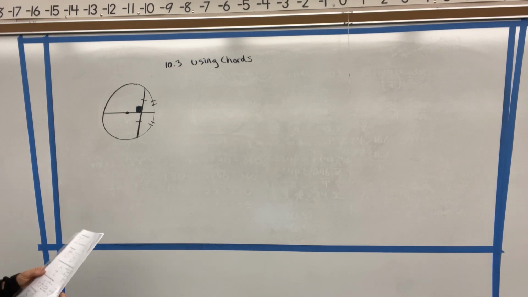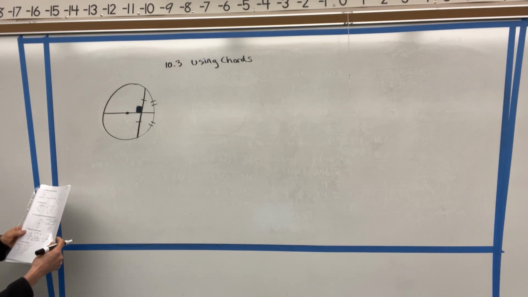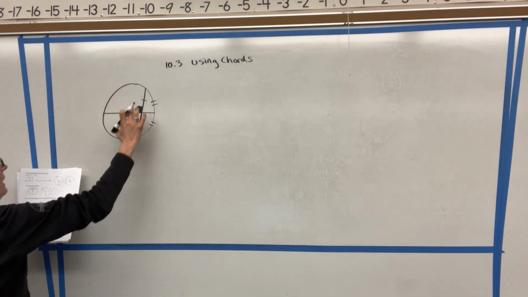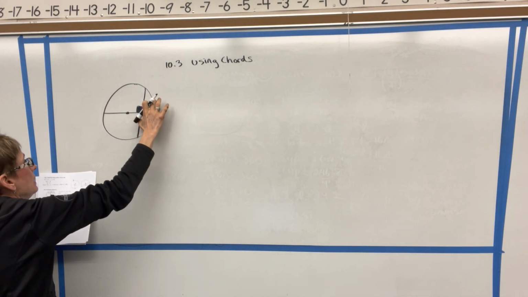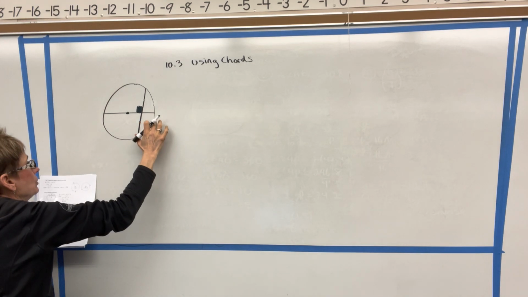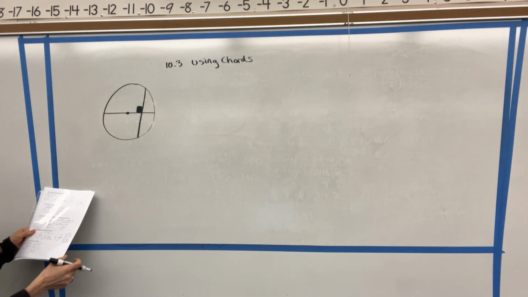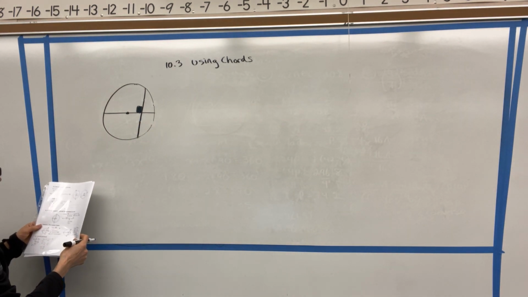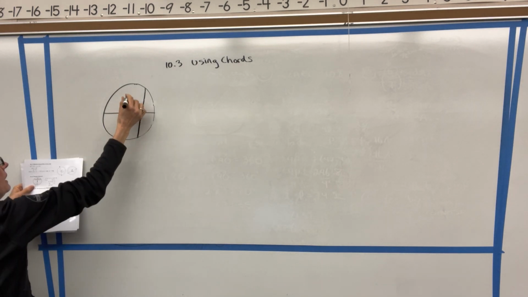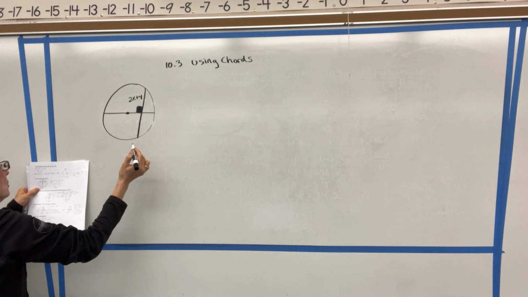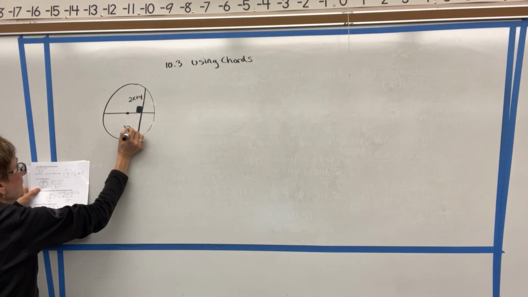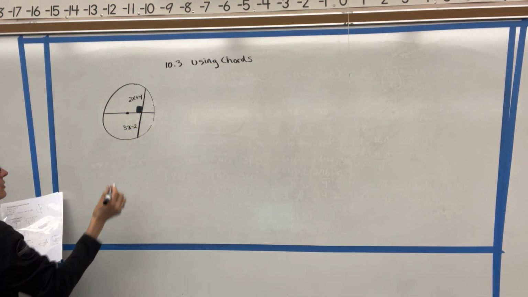So let's do an example on this one where it says find the value of x. In this particular case, we are just given a picture where we can see that the diameter is perpendicular to the chord, and then the first part of the chord is marked as being 2x plus 4, and the second one is 3x minus 2.